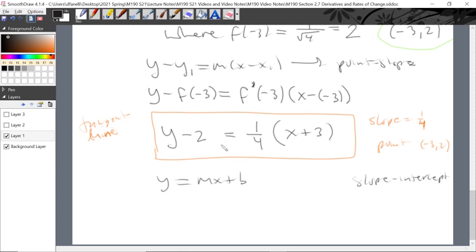Well, we can get that by adding 2 to the other side, distributing the 1/4, and combining like terms. So we have y is equal to, let's see, 1/4 x plus 3/4, and then plus 2. And then we can combine these like terms right here. So y equals 1/4 x plus, that's 8/4 and 3/4, which is 11/4. And that would be the slope-intercept form of the equation of the line.